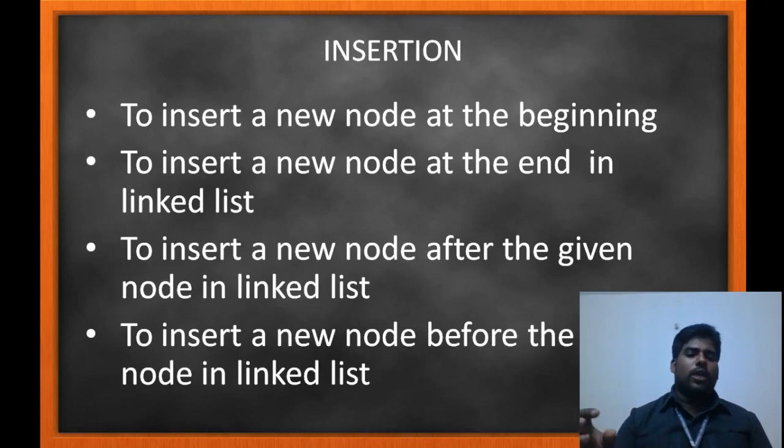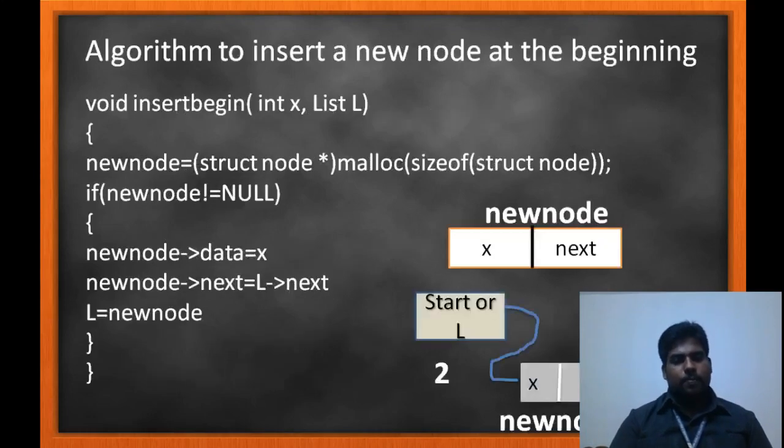The third one is you have to insert the node after your desired position. For example, if your position is 2, next to 2 your new node will be added. Similarly, the fourth one is before the node. If the position is 4, before 4 the node will be added. These are the 4 ways we can insert the node in the list.